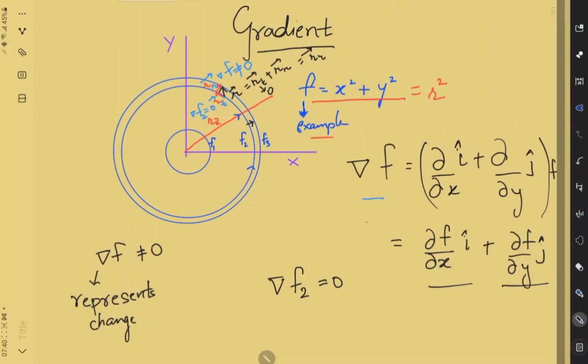If we try to move along some random path delta r, the change along that path will only be in the radial direction, because along the tangential direction that change is 0.